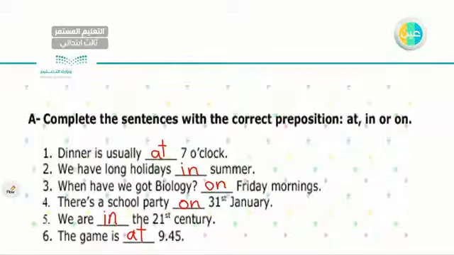Dinner is usually at 7 o'clock. We have long holidays in summer. When have we got biology? On Friday morning. On 31st of January, in the 21st century, at 9:45. Very good. Let's go to the next one.